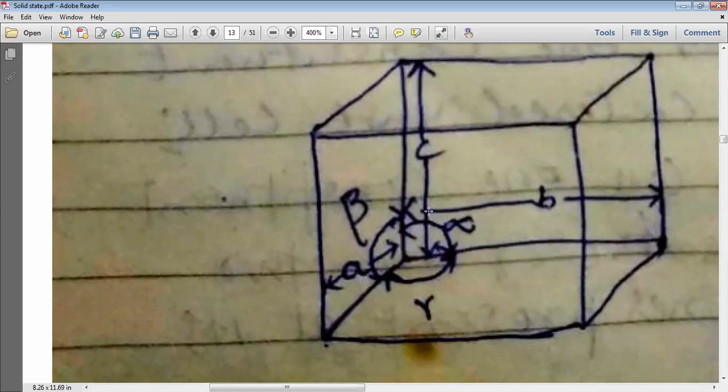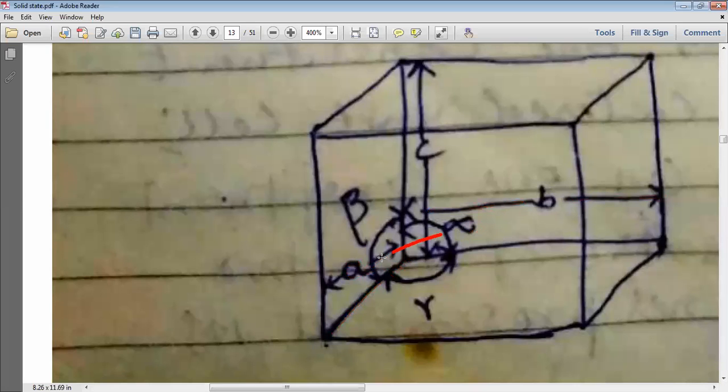The length on the x-axis we call b, the length on the y-axis we call a, and the length on the z-axis is called c. Or you can say that the side exactly opposite to the alpha angle is called a.